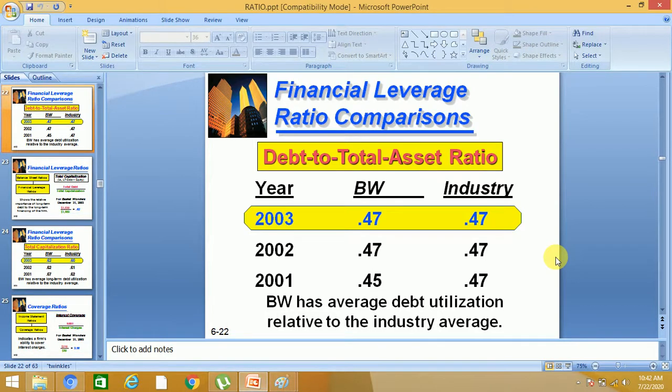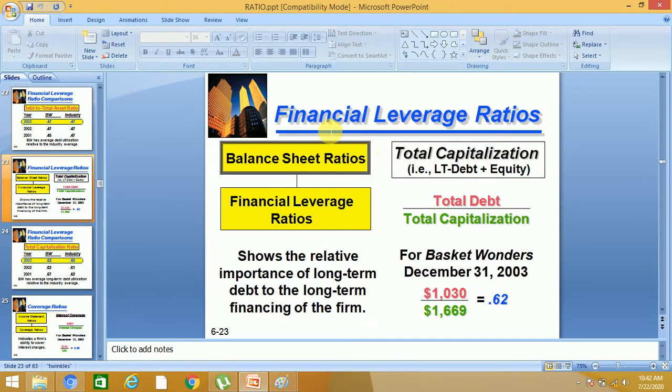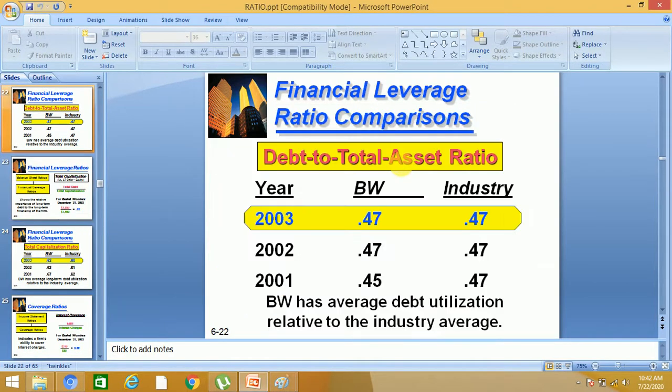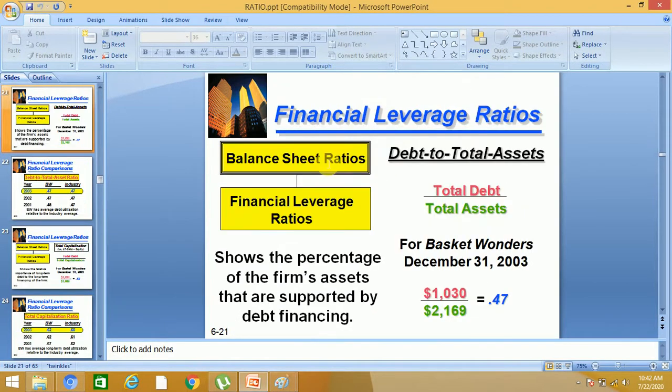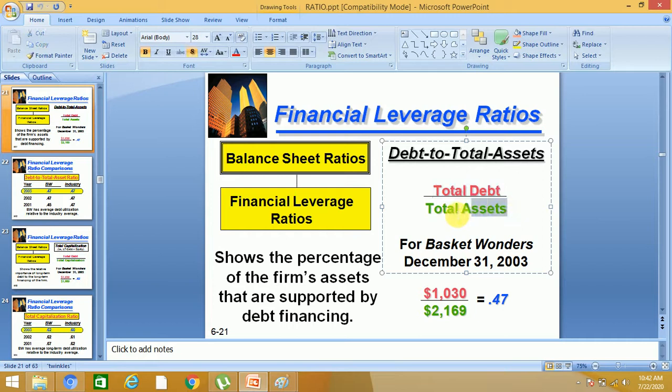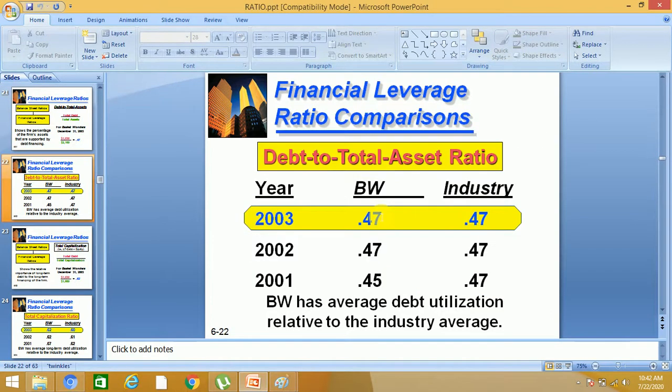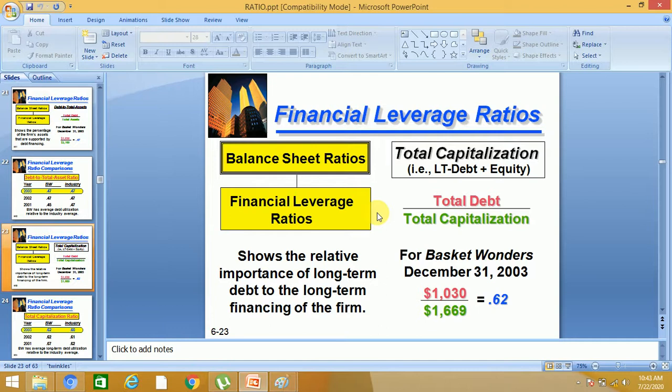Now the next ratio, and keep in mind one thing, that it is also a balance sheet ratio. Why? Both the items that we are taking, total debt and total assets, are balance sheet items. So the next leverage ratio is total capitalization.